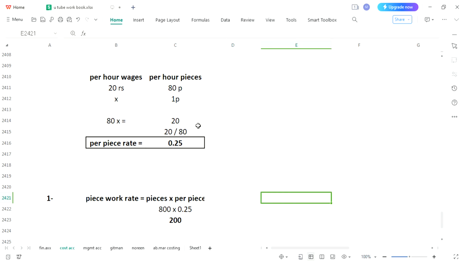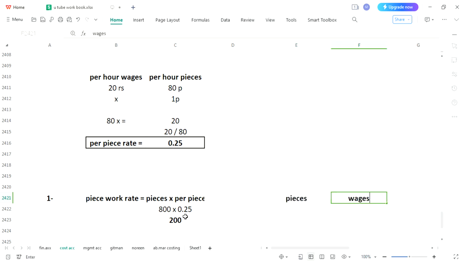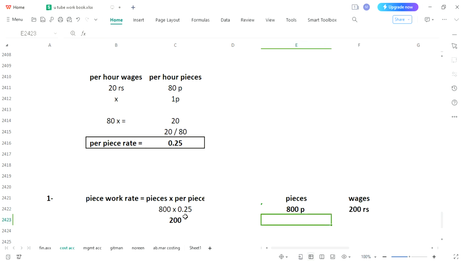For this again we will relate to our calculation. This 200 amount is received for making 800 pieces. So we are related with pieces again and wages. For 800 pieces he is receiving 200 rupees, and he wants to know how much amount would be received for 100 pieces.